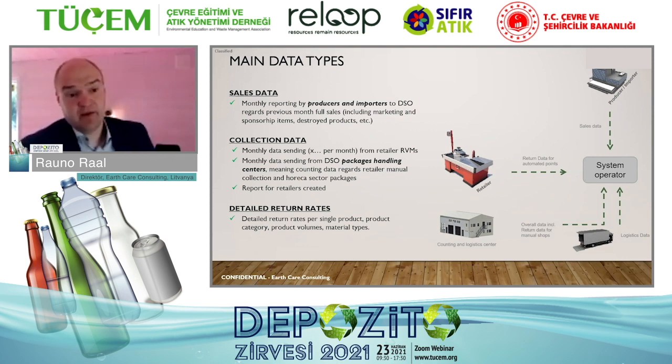Putting this sales and collection data together, there are different return rate options that you can filter out in the system, whether per single product, per product category, volumes, material types, you name it. So there are very sophisticated return rate options to see.